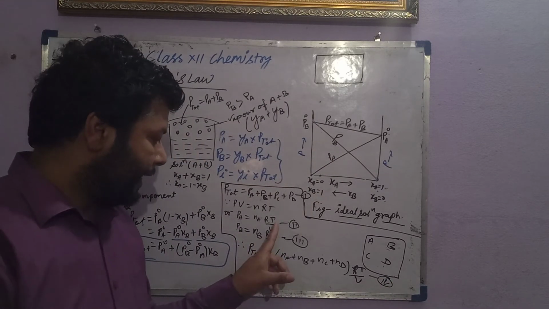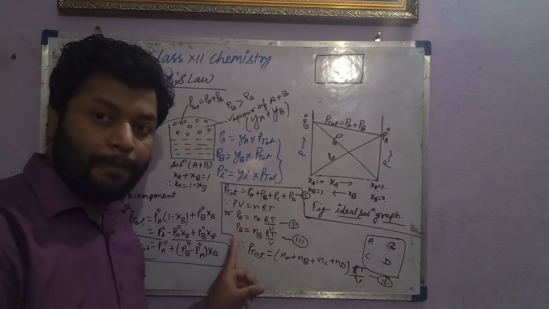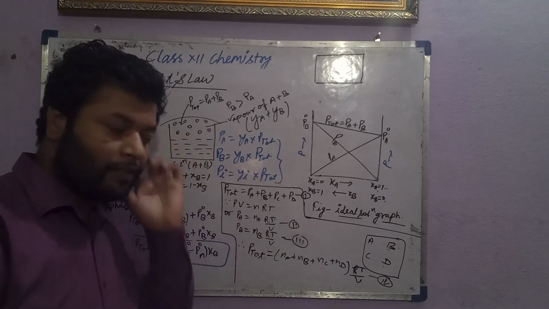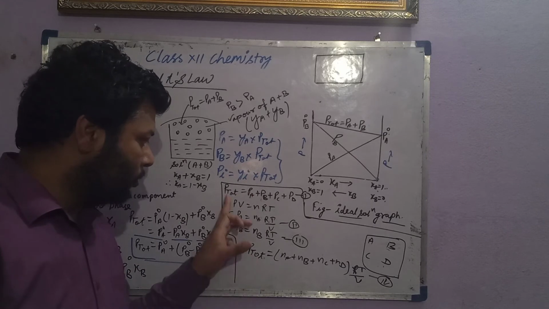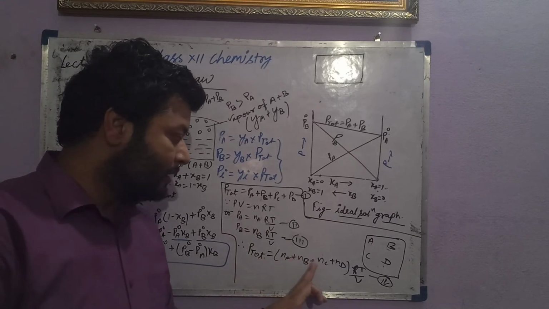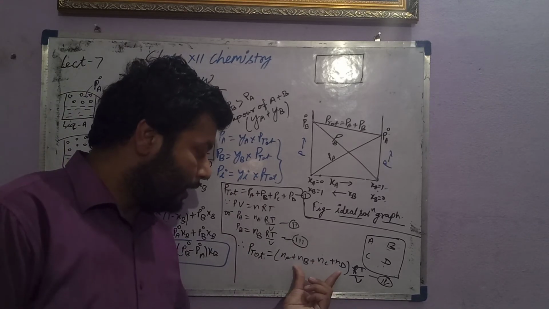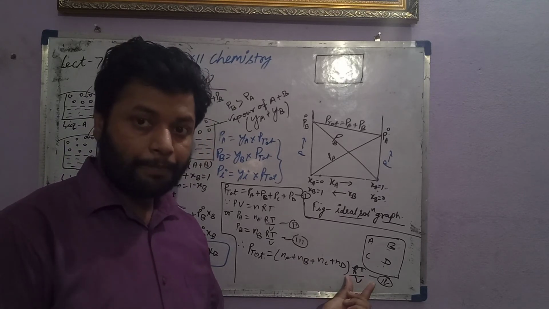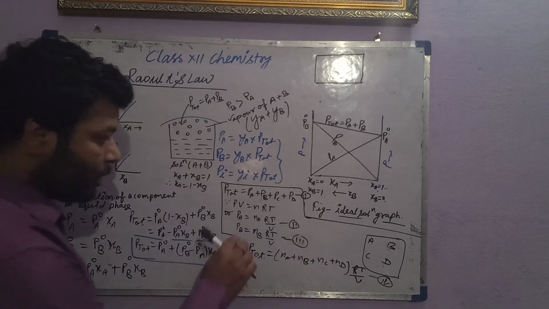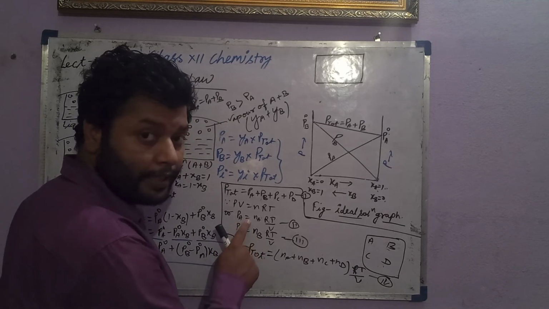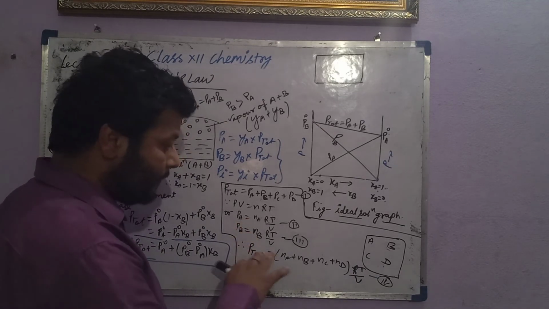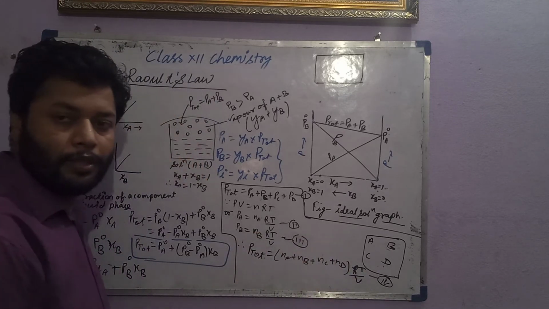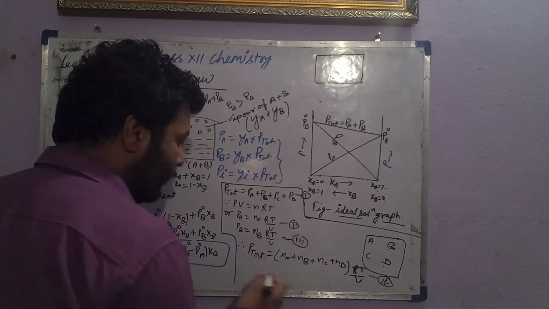So when we put the values of PA, PB, PC and PD in equation first, we will get P total equal to Na plus Nb plus Nc plus Nd, meaning the number of moles of the different components, and RT by V. If equation second or equation third and so on is divided by equation fourth, what will happen?